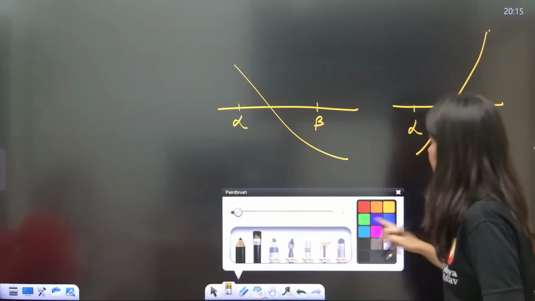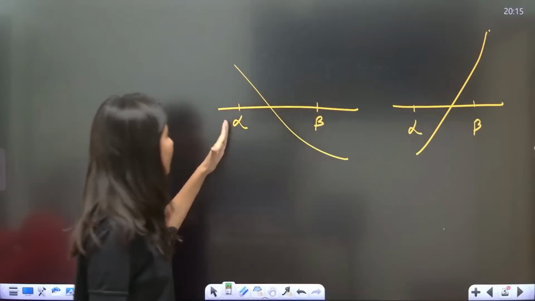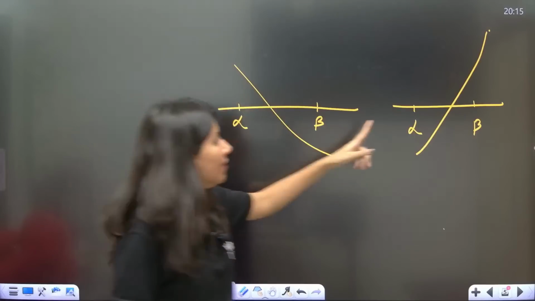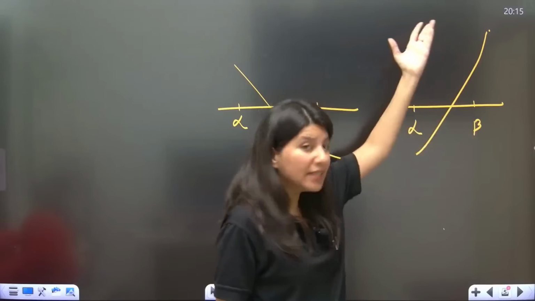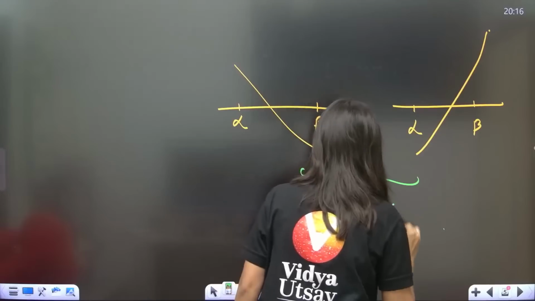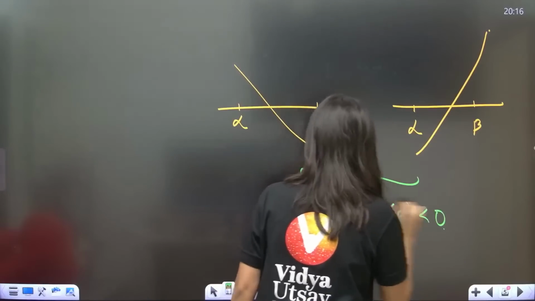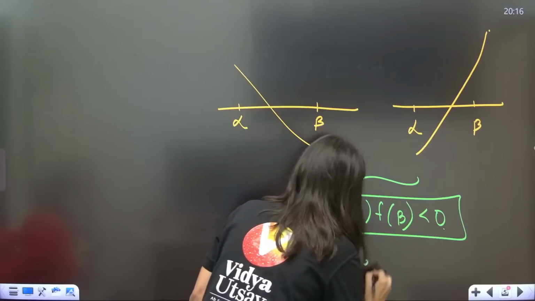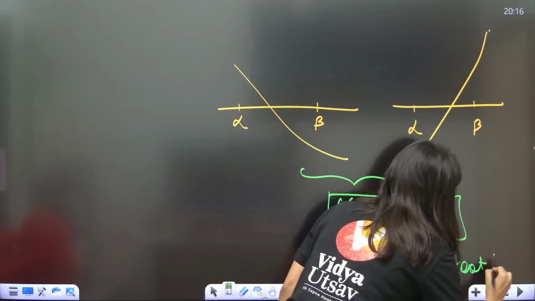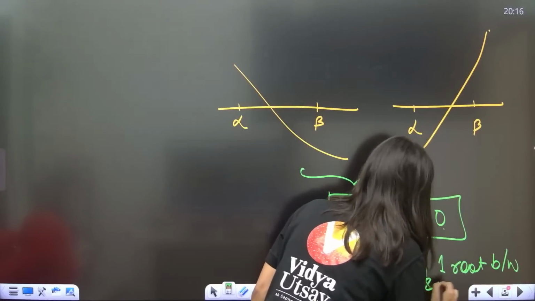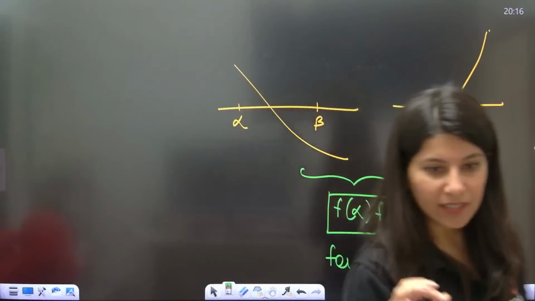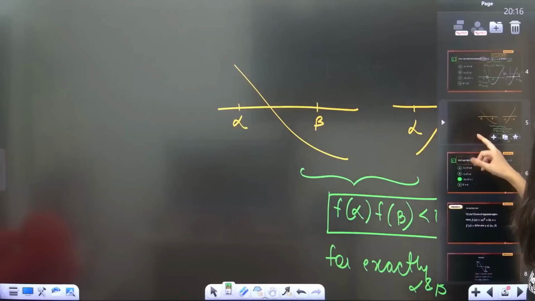If the value at alpha is positive, the value at beta should be negative because it has to cross the x-axis. If the value at alpha is negative, the value at beta will be positive. So both cases indicate the same thing: f(alpha) times f(beta) should be less than 0 for exactly one root between alpha and beta. Is this theorem clear to you? Absolutely, everybody? Yes.